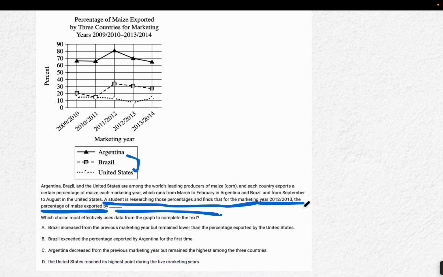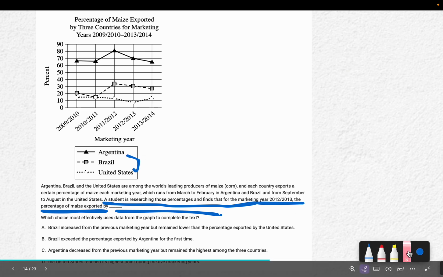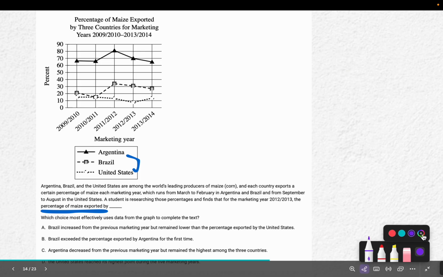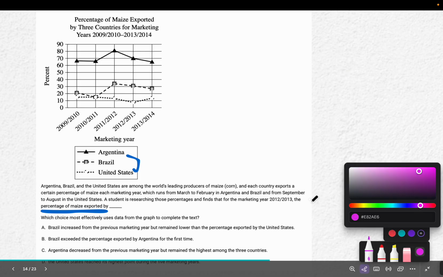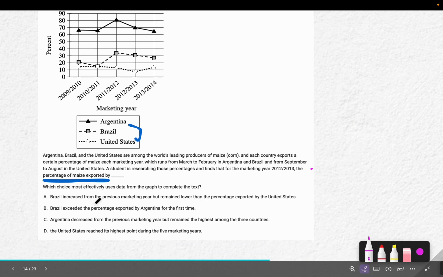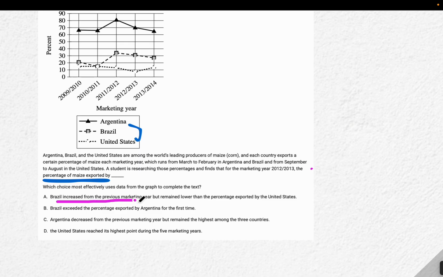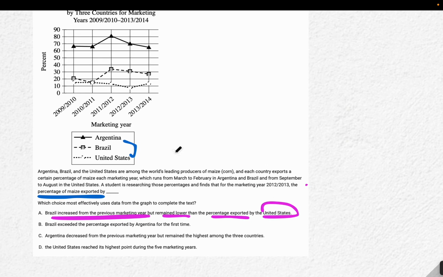So for this question, we have to find which of the following is correct. So, Brazil increased from the previous marketing year but remained lower than the percentage exported by the United States. Let's check it in 2012-2013, which will be this area.